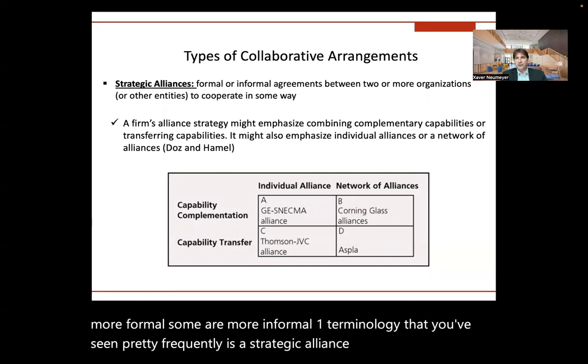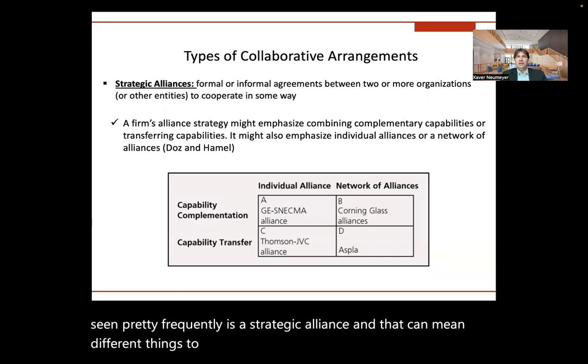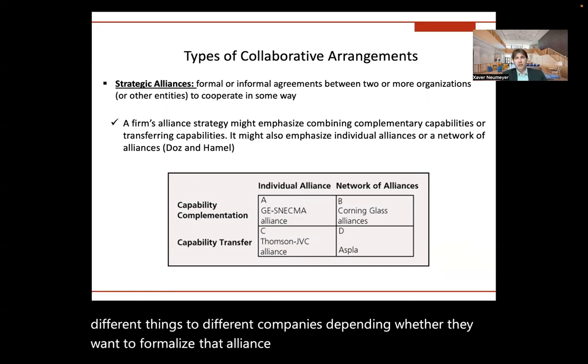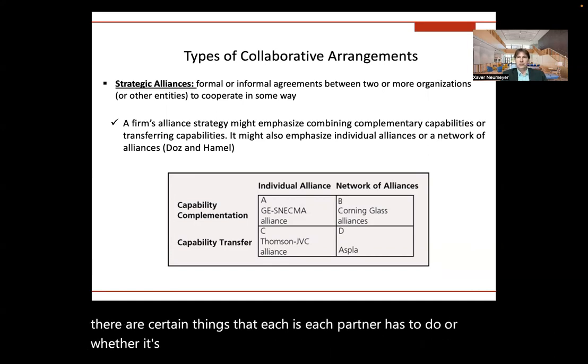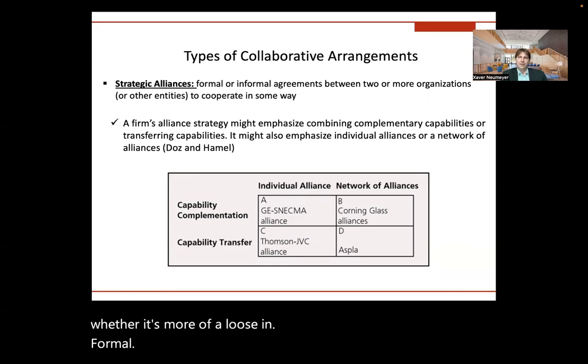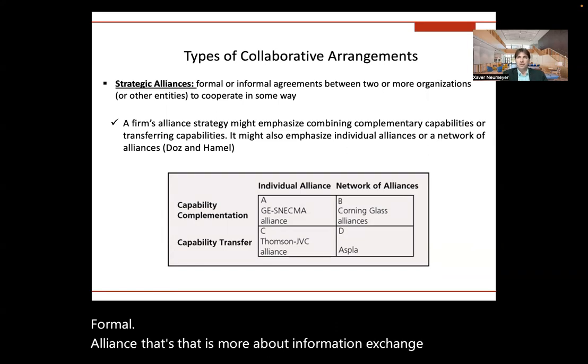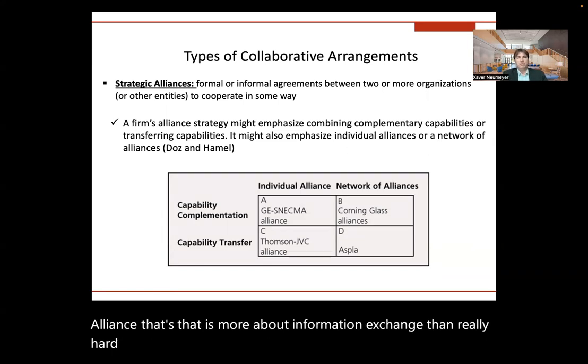And that can mean different things to different companies, depending whether they want to formalize that alliance, right, contractually, meaning that there are certain things that each partner has to do, or whether it's more of a loose, informal, coordinative alliance that is more about information exchange than really hard agreements that people can be held accountable for.